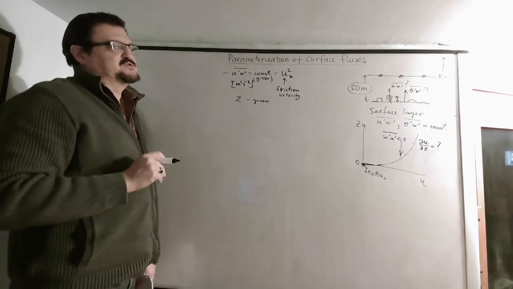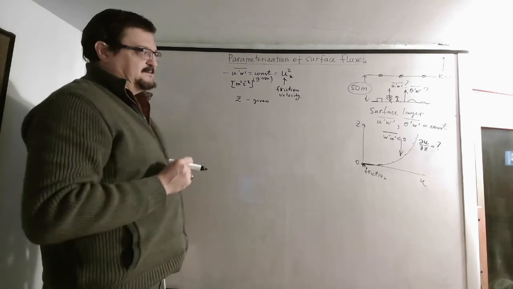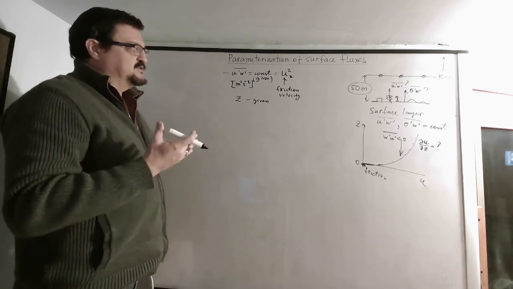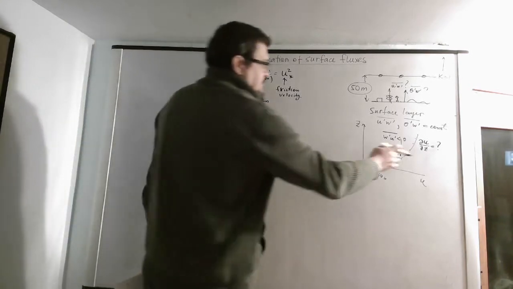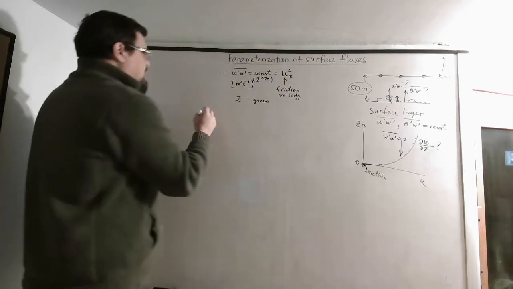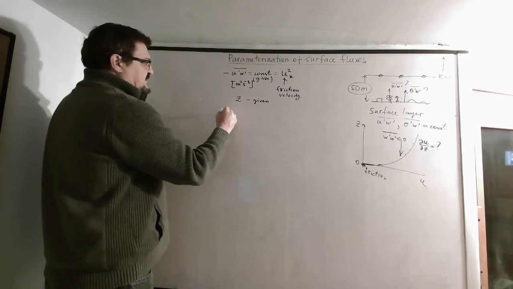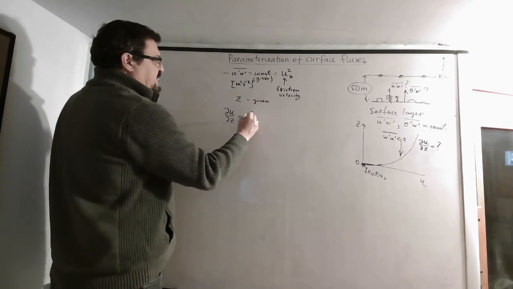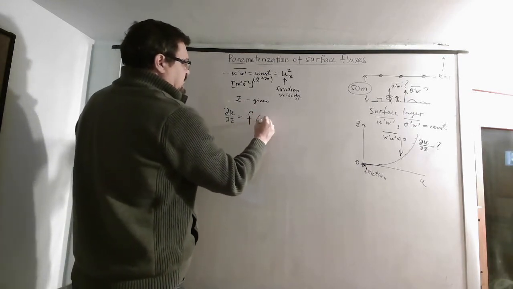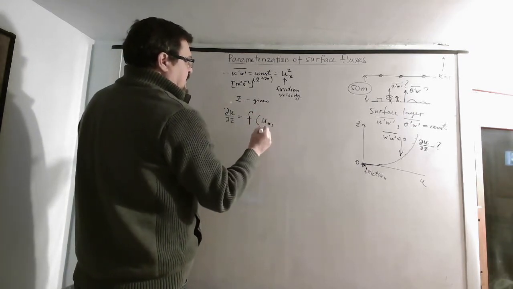So that's not actually a parameter that we use right now here. So we have basically only two parameters, nothing else. And what we need to find is this gradient. So we can formally write that du dz is some function of our parameters, u star and z.